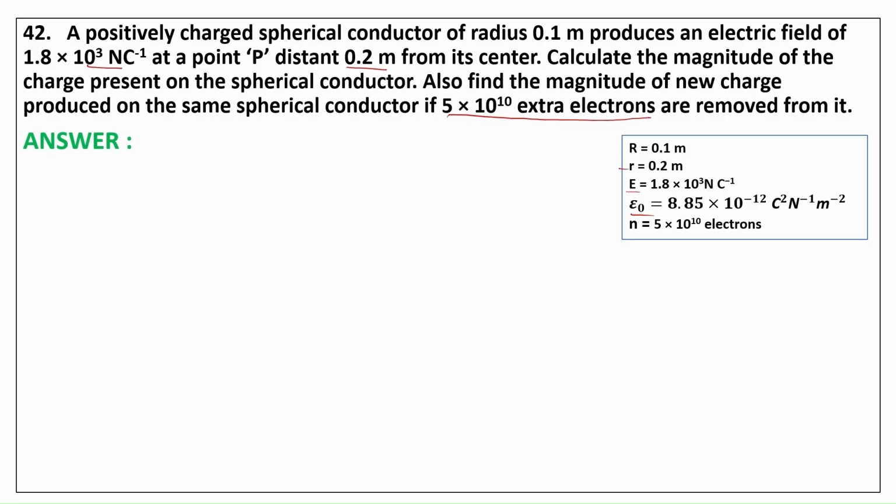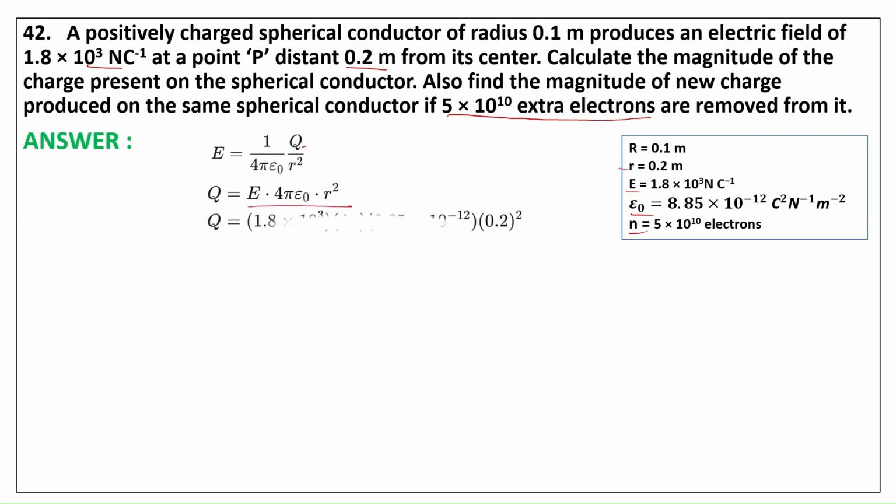N is equal to 5 into 10 to the power 10 electrons. For a point outside a charged spherical conductor, E is equal to 1 by 4 pi epsilon naught, Q by r square. On equating to Q we get Q is equal to E into 4 pi epsilon naught, r square.